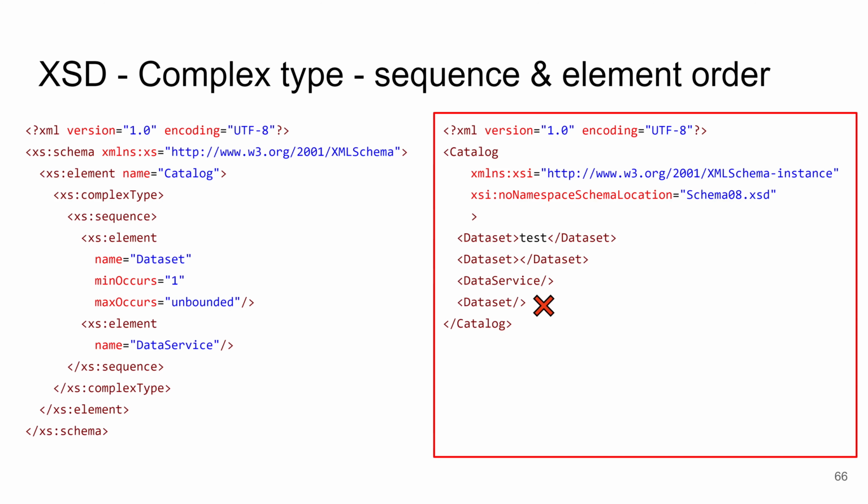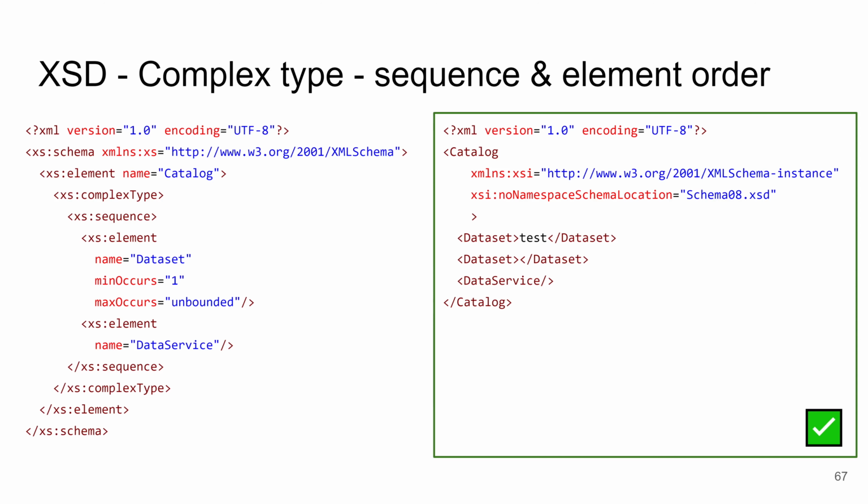In the instance, there is a data service element, but after that, there is another dataset element, which is what breaks the schema or the validity, because after data service, there is no additional dataset allowed within the schema.